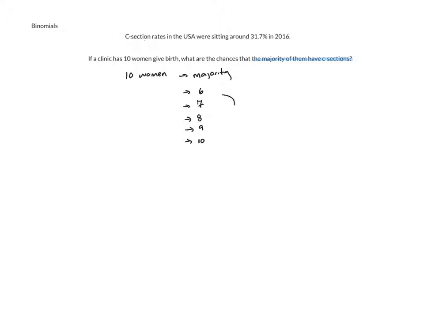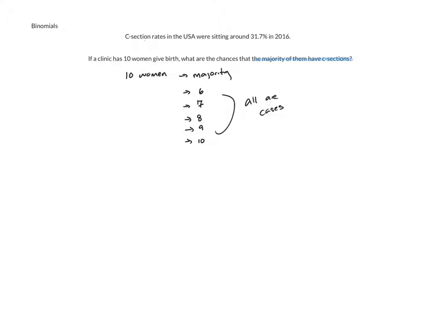So all of these are cases where the majority of them would be having a C-section. What this means is that in order to calculate this probability, I'm going to have to do it for 6, 7, 8, 9, and 10, which means that our single problem just turned into 5 separate problems.